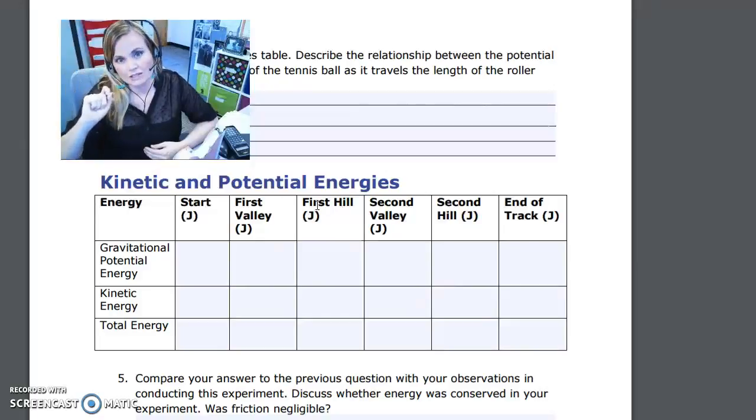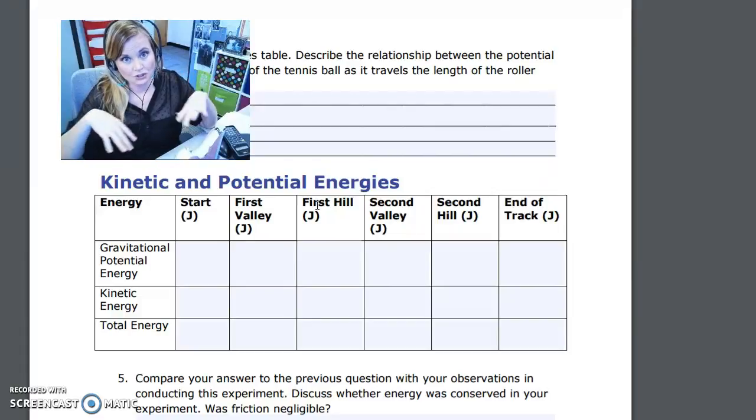There are some assumptions that we're making here, and that is that the energy is maintained at all points throughout the track, which is a false statement because we do know that there's friction along the track and that the ball is slowing down as it moves along. However, we are going to make the assumption that this is a frictionless track, even though it is not.